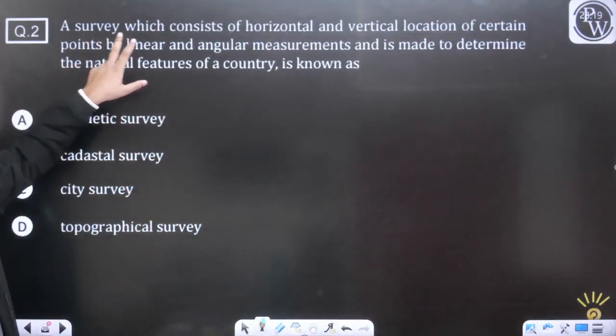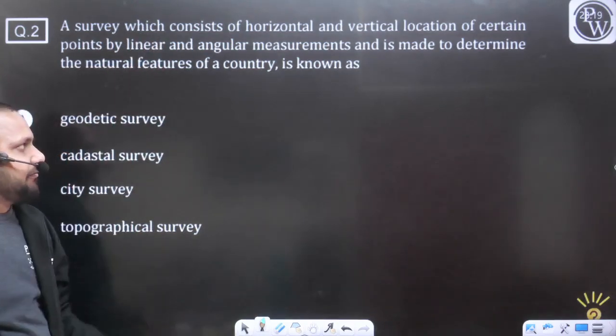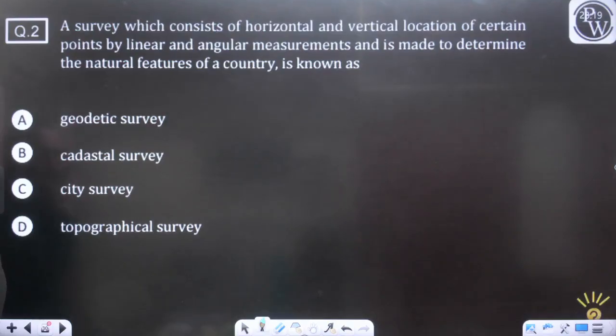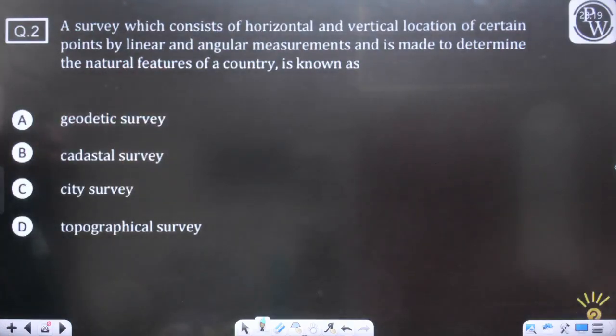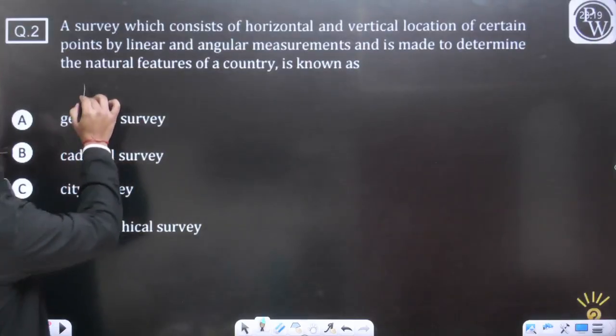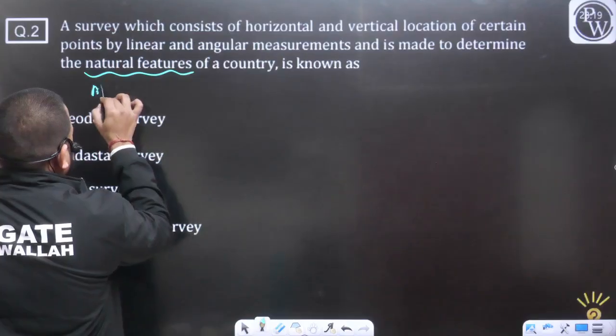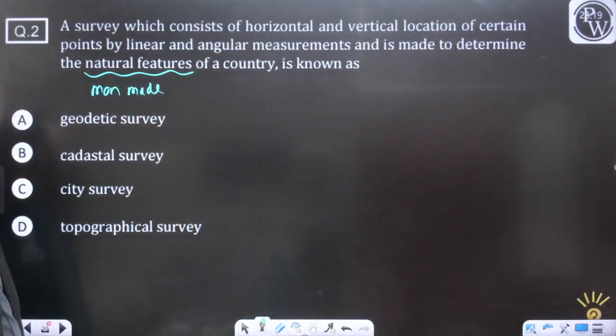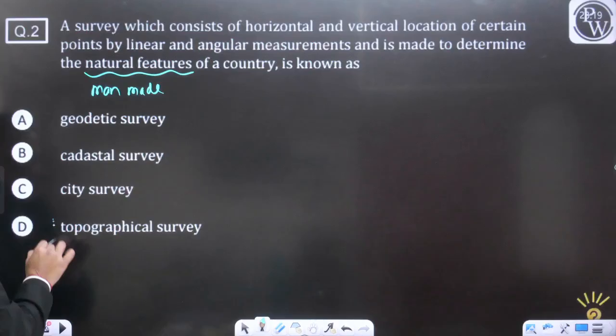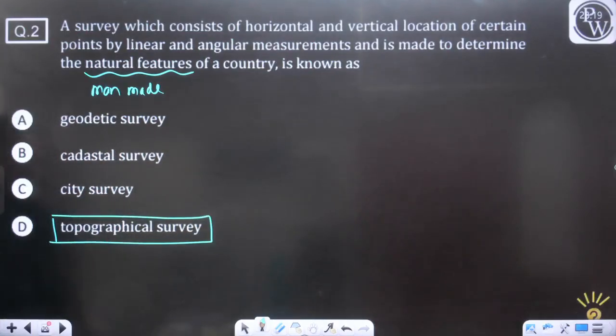A survey which consists of a horizontal and vertical location of a certain point by linear and angular measurement is made to determine the natural or man-made features. To locate the detail of the natural or man-made features, we will go for the topographical survey.